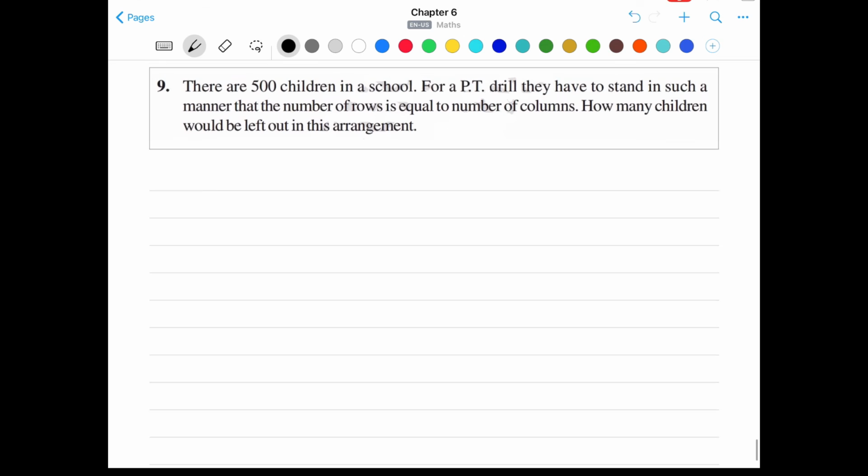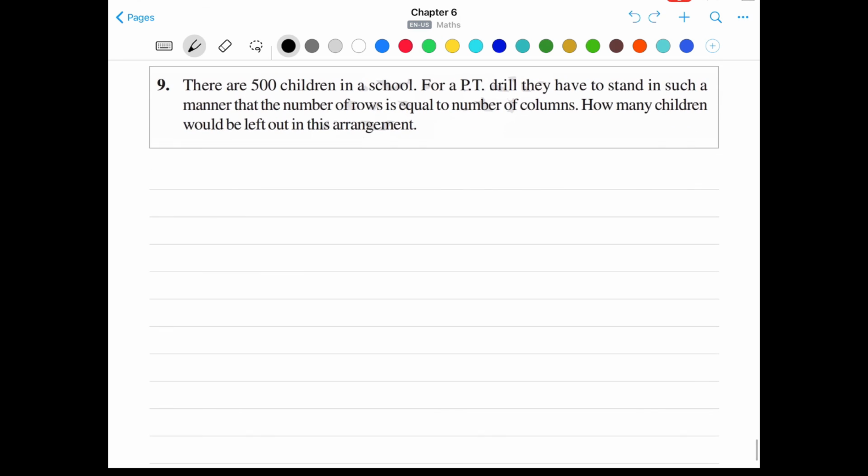Now moving to the next and the last question of this exercise, which is question number 9. Here you are asked, there are 500 children in a school. The PT teacher, PT means the physical trainer, the sports teacher, for a PT drill, has them stand in such a manner that the number of rows and the number of columns are equal.